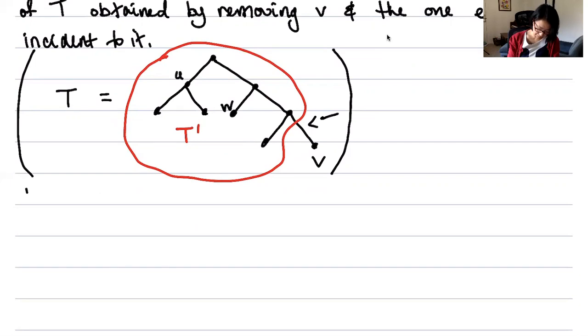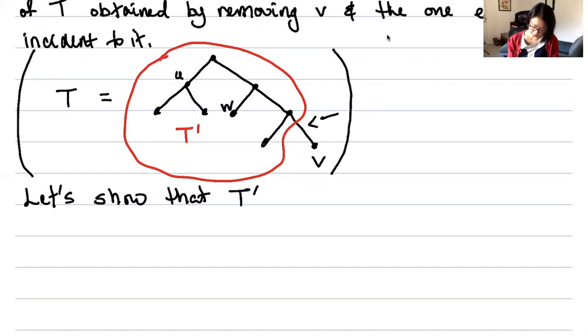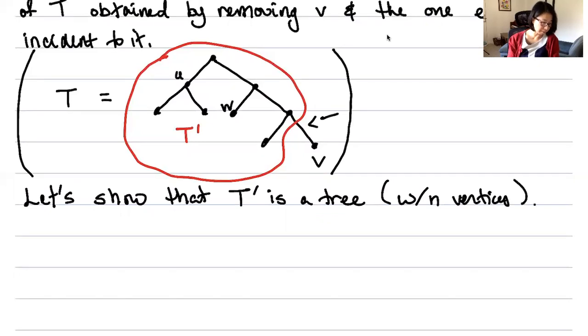So let's show that T' is a tree. And we can see, since we removed one vertex, it has n vertices.